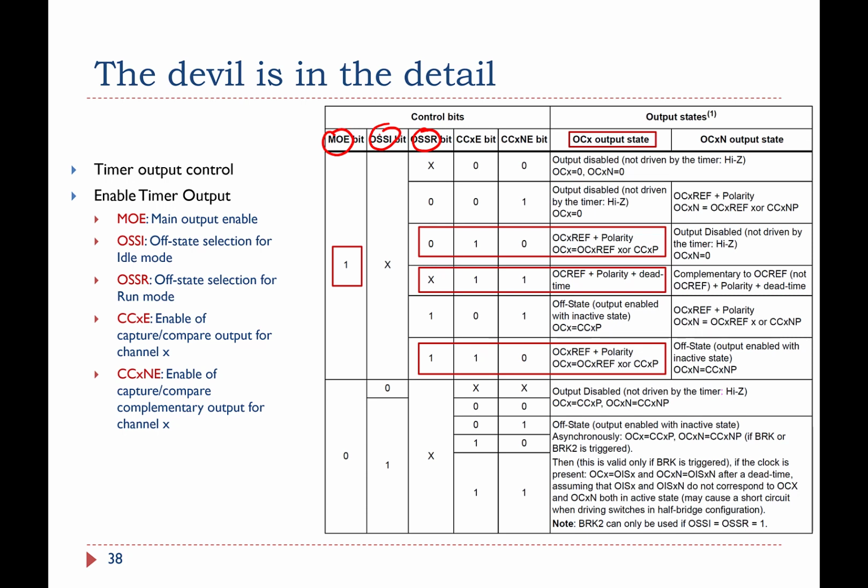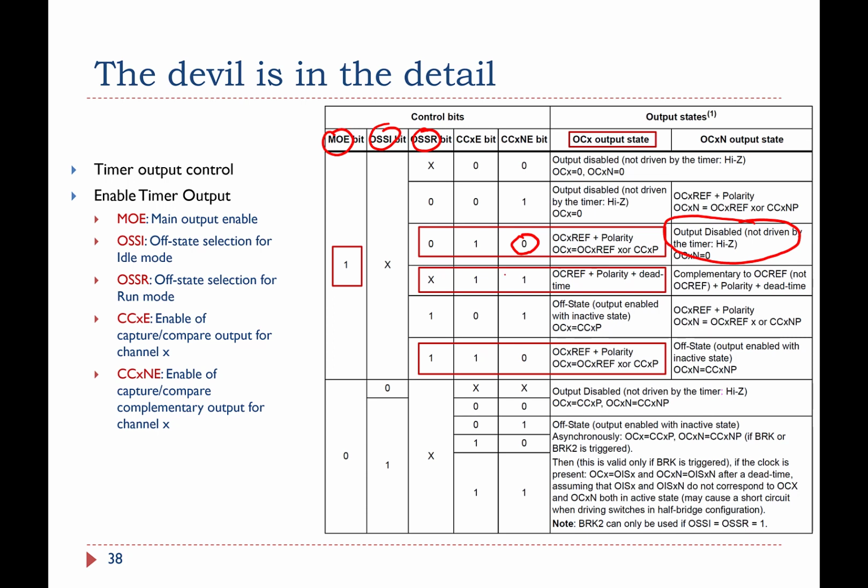So anyways, you can see here ways that you can disable or enable certain outputs. Like, for example, this one with the CCxNE bit not on, you can see that the output is disabled for the negated output state.